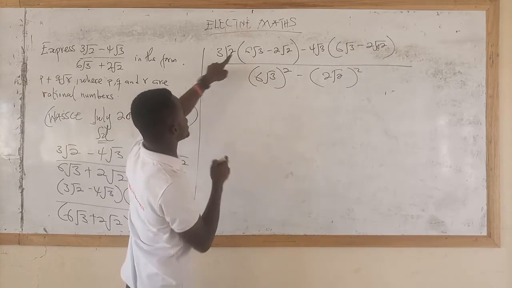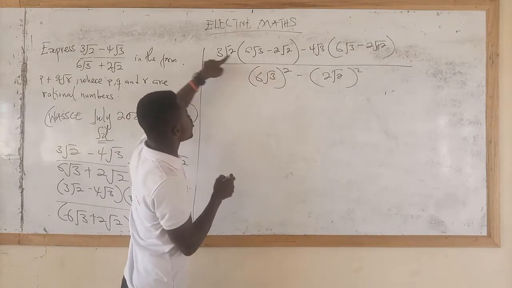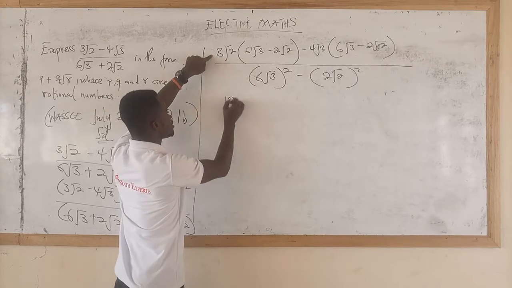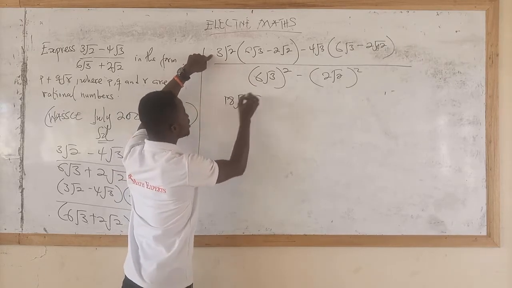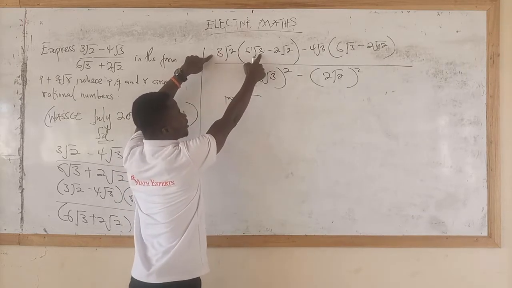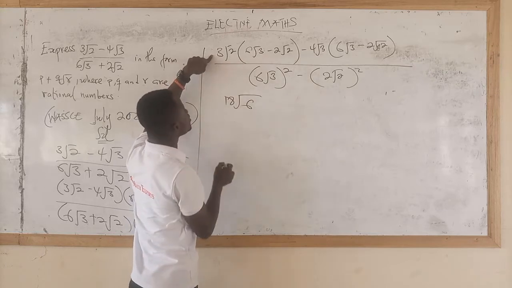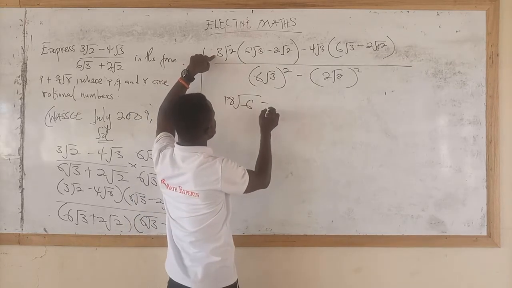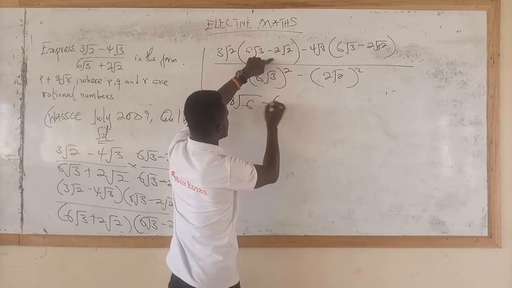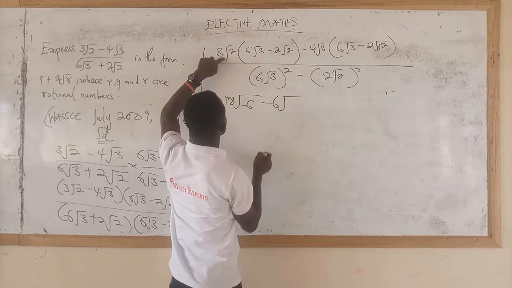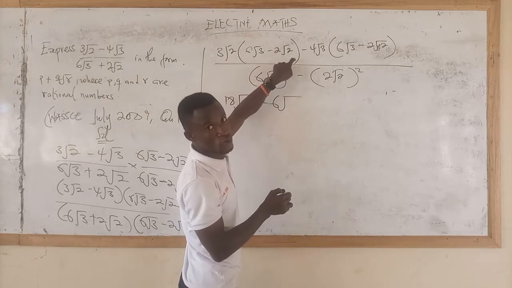Now you can see that the insides are not the same. So 3 will multiply 6, which is 18. Then here 2 multiply 3, which is 6, minus 3 times 6 square root of 2.